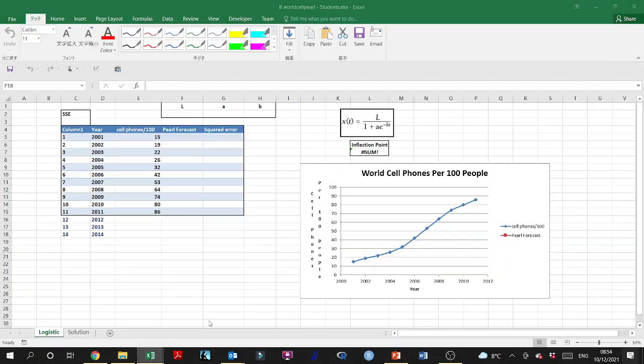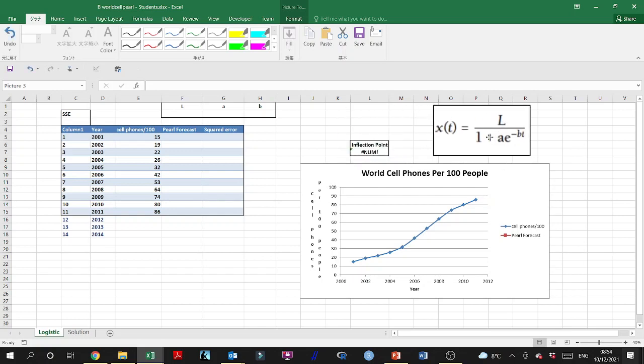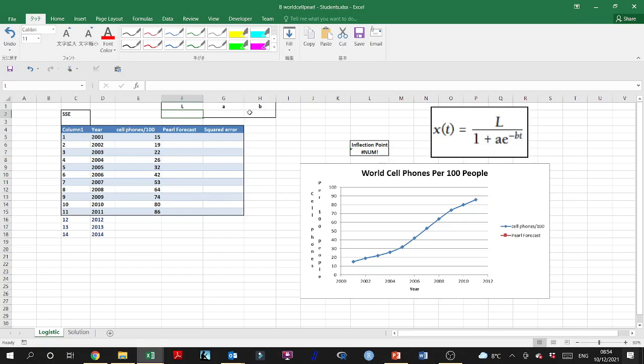Okay, so over here is your file. I already prepped it for you, and I put here very nicely an image of the equation, so you always remember, this is the L, this is the A, and this is the B. Over here you have the number of years, the periods, so period 1 all the way to period 11, and here you have the years.